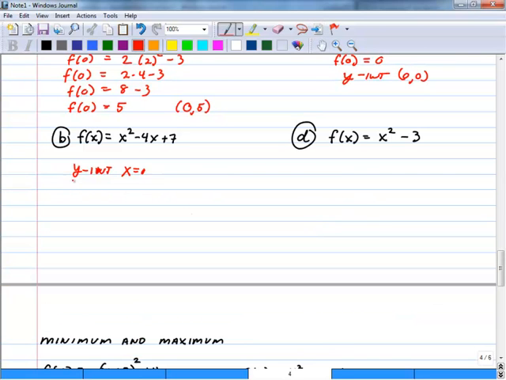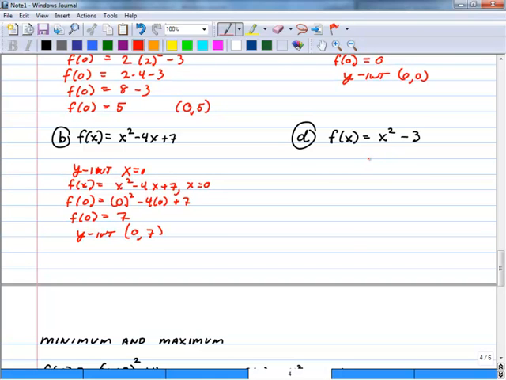I get f of x is equal to x squared minus 4x plus 7 when x is equal to 0. So I plug in f of 0, and I get 0 squared minus 4 times 0 plus 7, and then I end up with f of 0 is equal to 7. So the y-intercept is (0, 7).